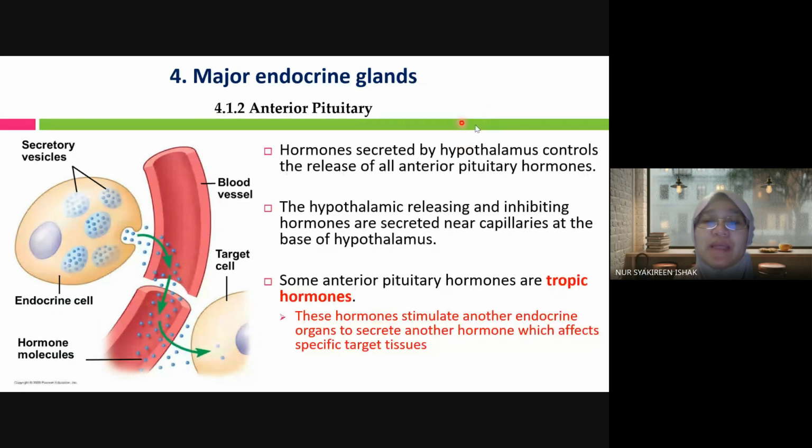Hypothalamus secretes releasing hormone that causes the anterior pituitary to produce and secrete FSH, LH. FSH, LH are also considered tropic hormones because they go to the gonads to cause the gonads to produce sex hormones. Okay, macam itulah. So that is tropic hormones. They cause another endocrine gland to produce and secrete hormones.